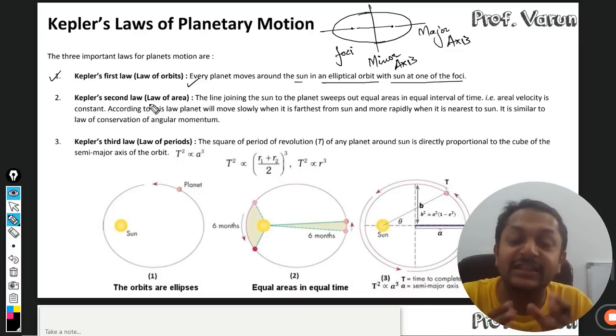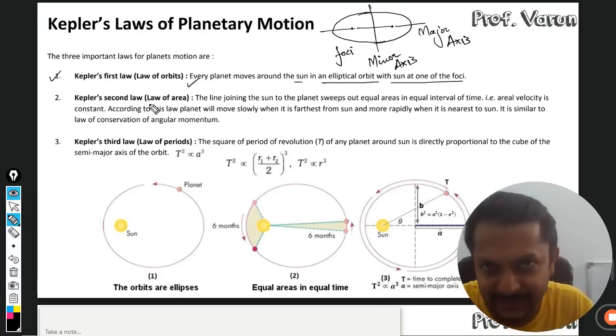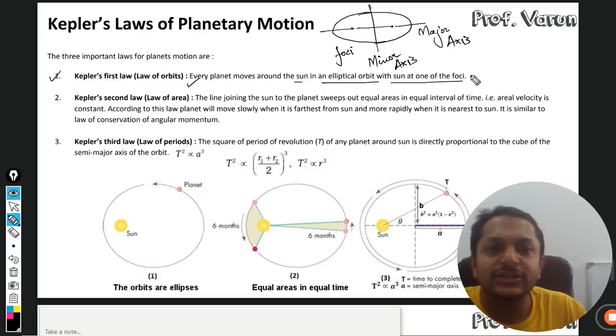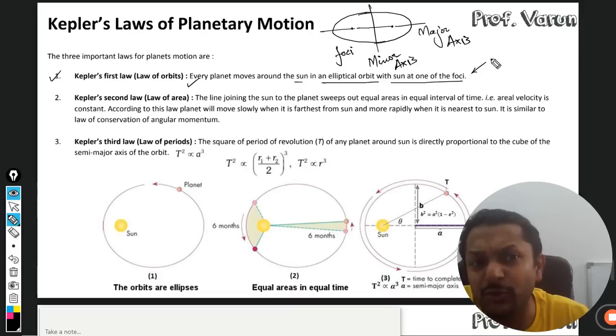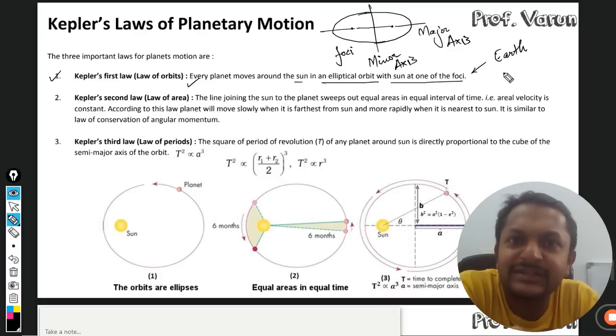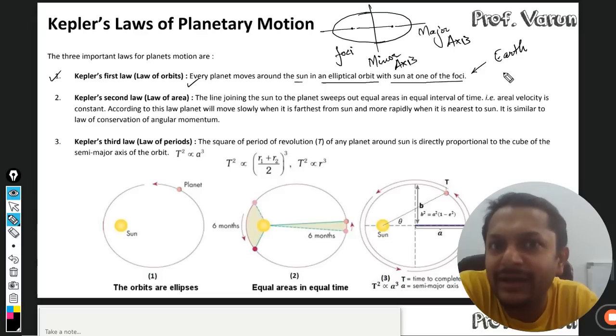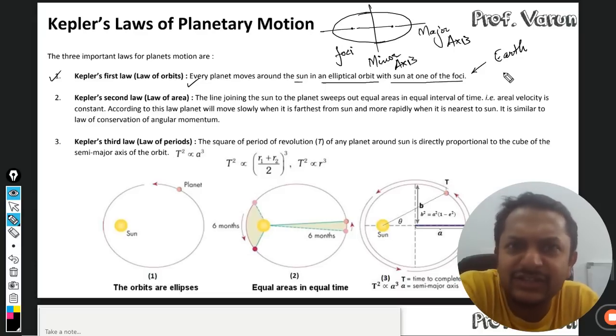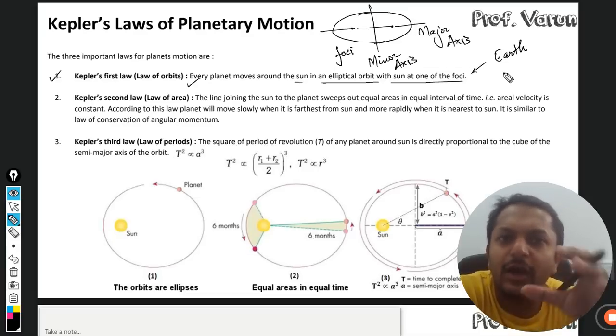The next thing is that they are not in circular motion, they are all in elliptical paths. In this regard, I can tell you one more fun fact. In the case of Earth, the orbit is approximately a circle. The length of the major axis is approximately equal to the minor axis, differing by just something like 30 kilometers, so they are almost equal.